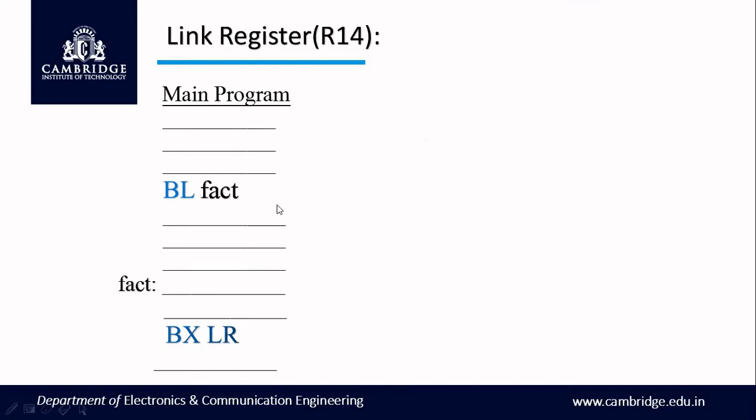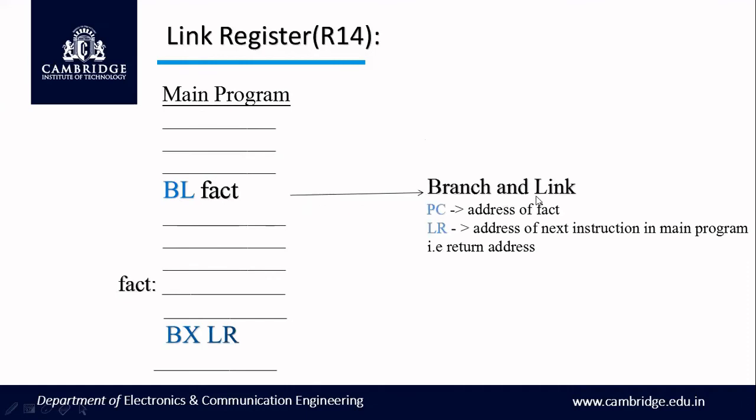So instead of call, we'll be using BL here. BL stands for branch and link. So branch means it is going to change the flow of the program execution, and the link register would get the return address. PC would get the address of the subroutine which has to get executed. So it will branch to that location and execute the instructions until it encounters return.